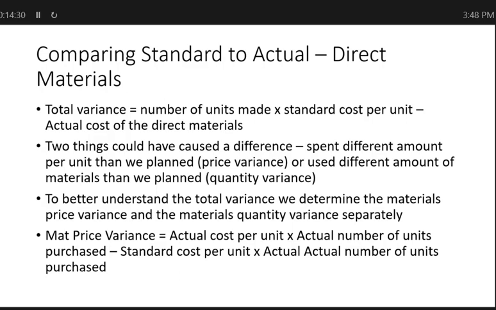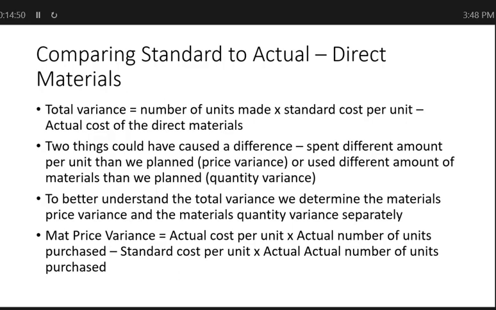So the materials price variance is calculated as it's given there in the slide: the actual cost per pound of chocolate chips times the actual number of pounds of chocolate chips purchased.